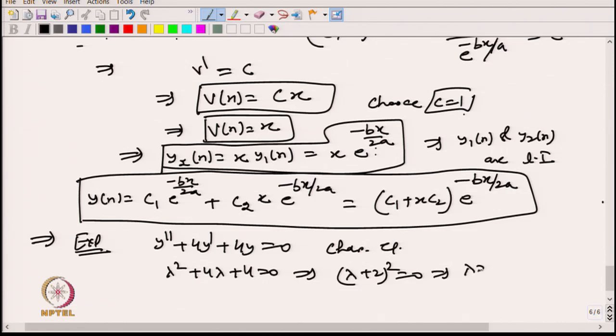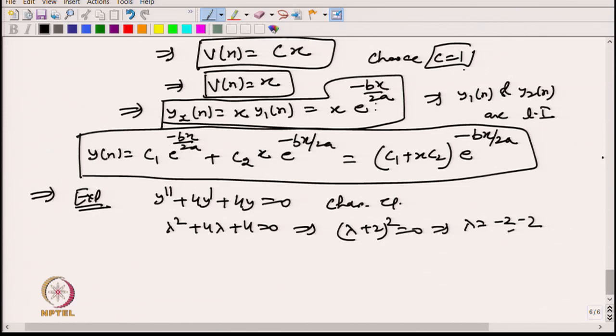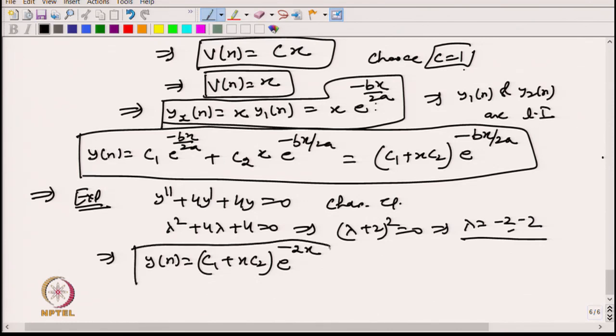So, from here my lambda is minus 2, minus 2. So, now these are the roots which are real and repeated. So, from here if I want to write my solution yx, so yx will be c1 plus x c2 e raised to power minus 2x.